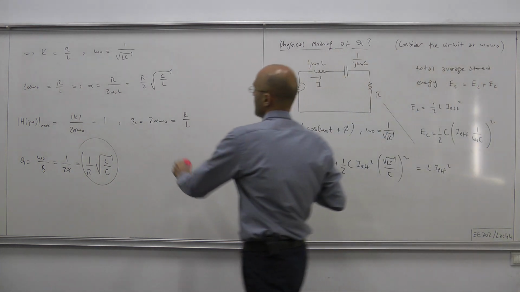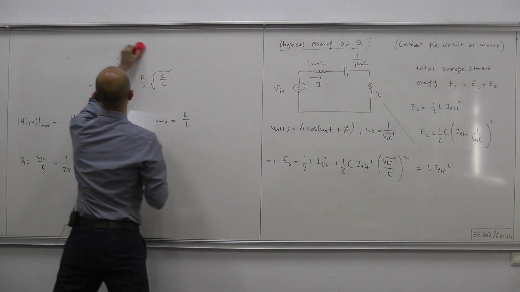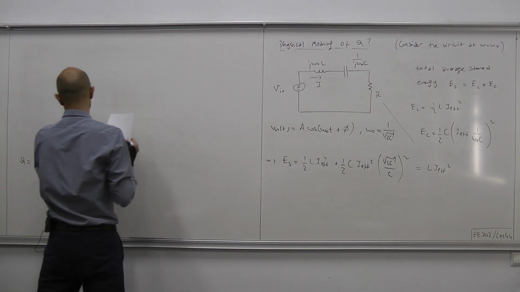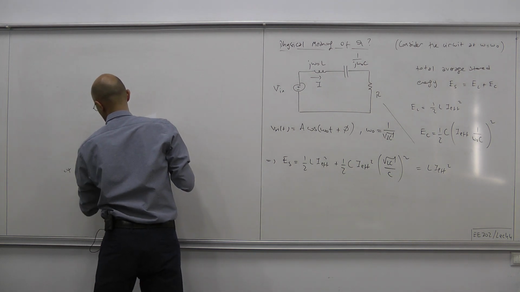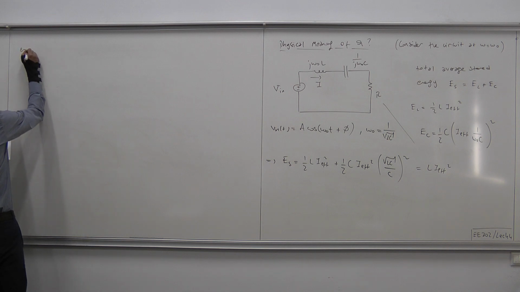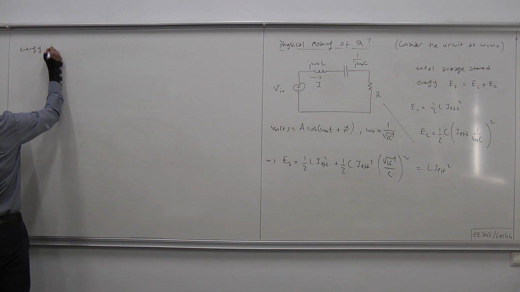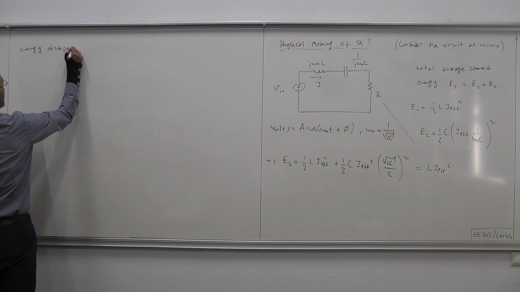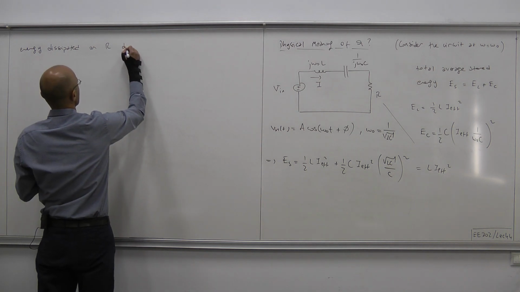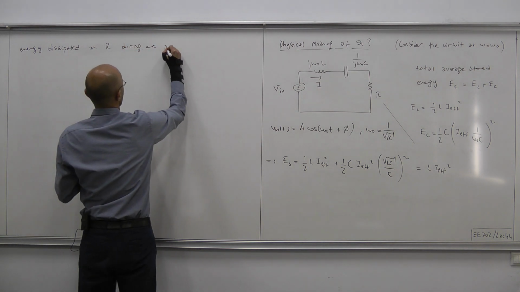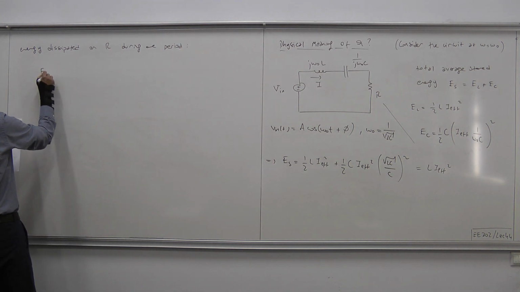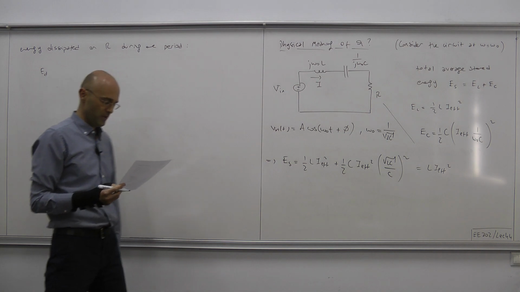So, the energy dissipated on the resistor during one period. Let's call that energy ED, the dissipated energy on the resistor.